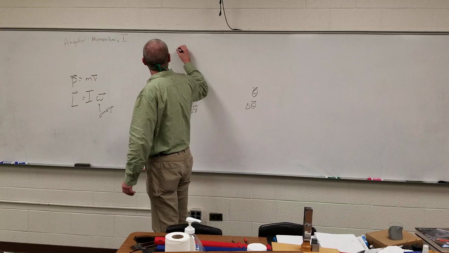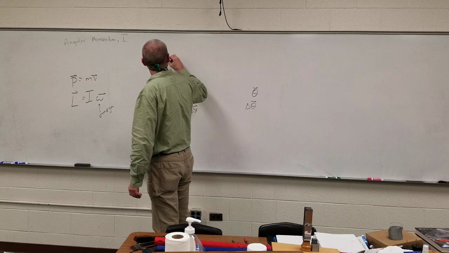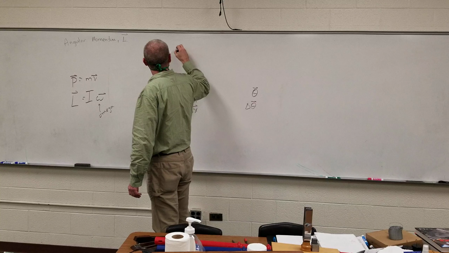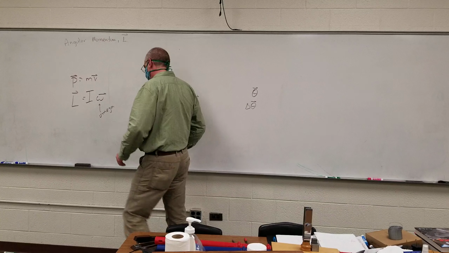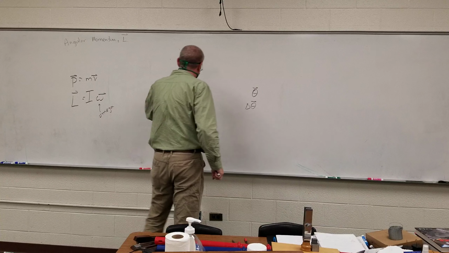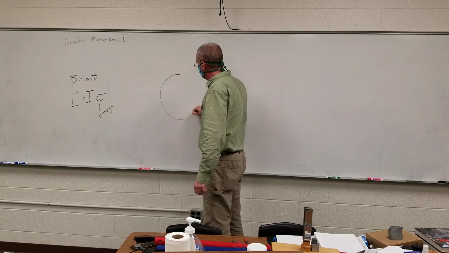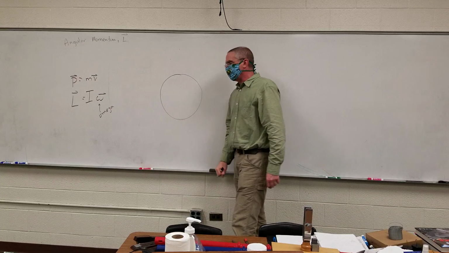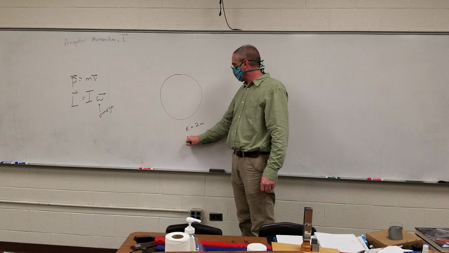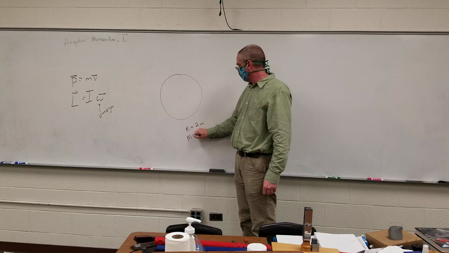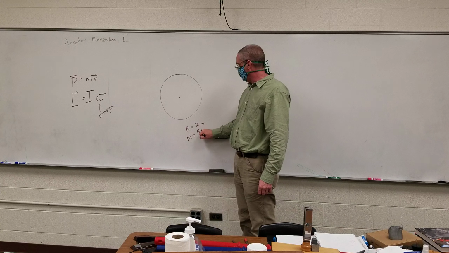So if I have an object, so let's say I've got, let me go for it. I have a disk. Let's give it a radius of 2 meters and a mass of 4 kilograms.